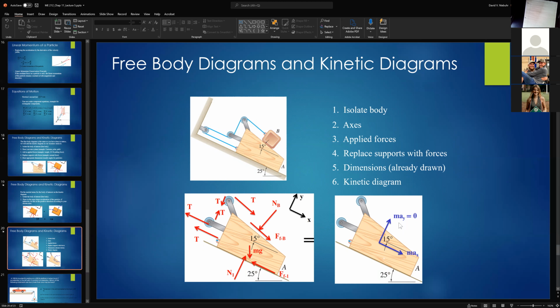It's not really complicated because you can see that the tensions, some of them are internal, but you have the tensions all noted. You have the normal force from block B, its friction force. You have the friction force from the incline on block A, and then you have its normal force respectively. And then if you look at the kinetic diagram, it's fairly simple. You just have mass times acceleration down the incline, and then the 0 up the incline.